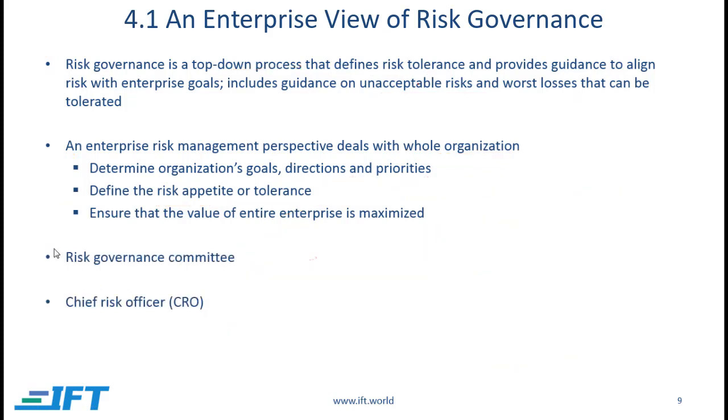Now let's look at a couple of elements of good risk governance. We've talked about the fact that the objectives of risk management are established by the board. Now, it makes sense to have a committee called the Risk Governance Committee, which interprets the objectives and determines how those objectives can be executed.